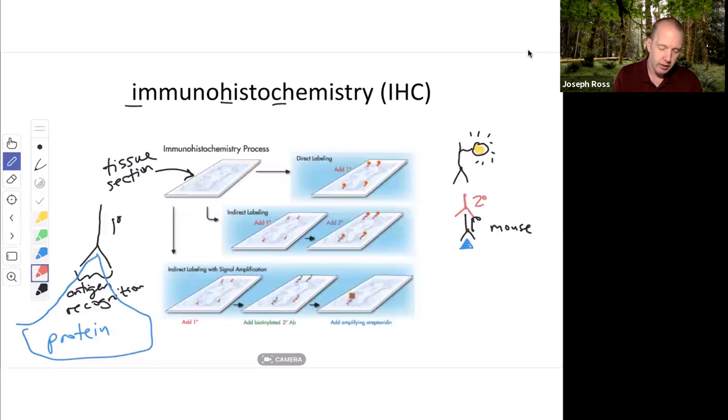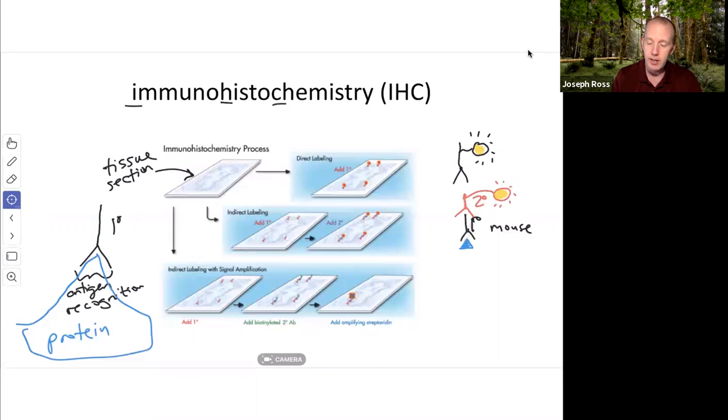And so that secondary antibody is the one that's conjugated to, for example, a light-producing molecule or a fluorescent molecule that's easy to observe microscopically. So that's indirect labeling. The first antibody recognizes the antigen. The second antibody is the one that's coupled to the chemical or enzyme or something that allows the scientist to observe where that complex is located on the tissue culture slide.